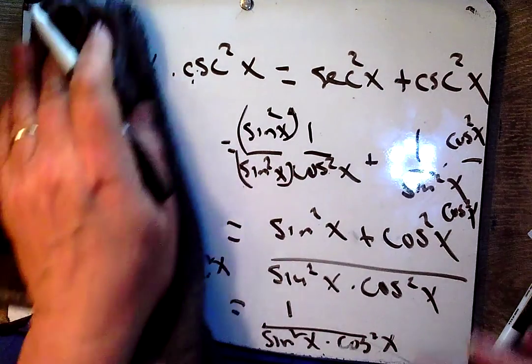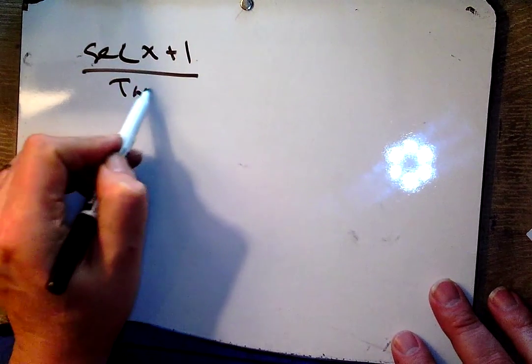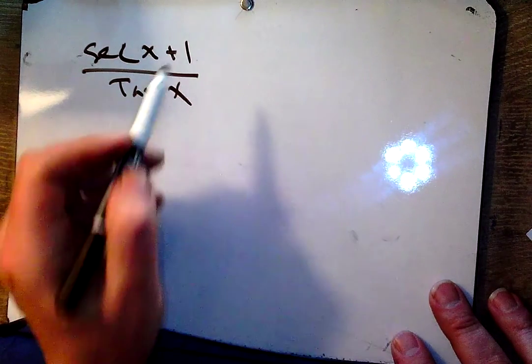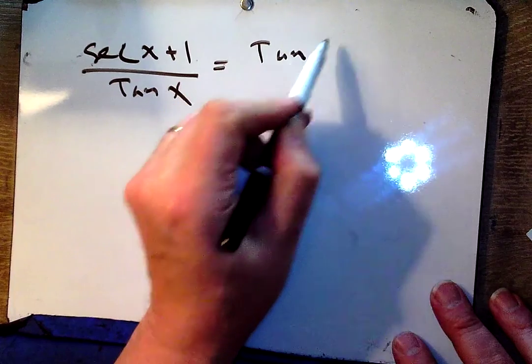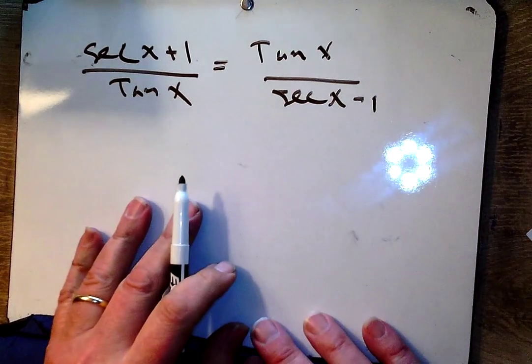Okay. How about this one? Secant x plus 1 over tangent x should equal tangent x over secant x minus 1.